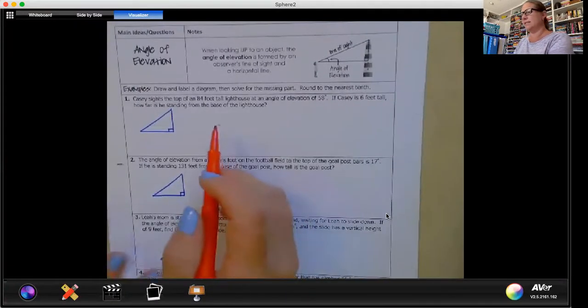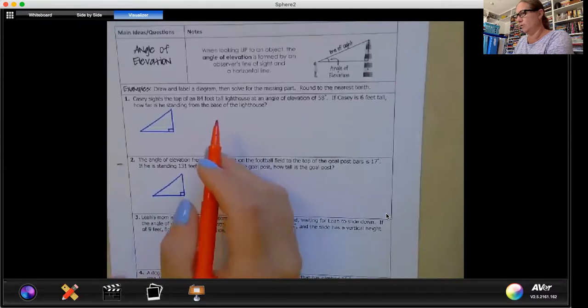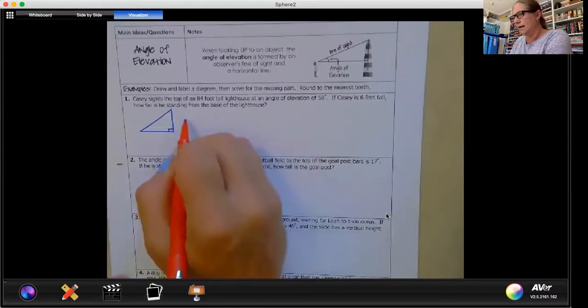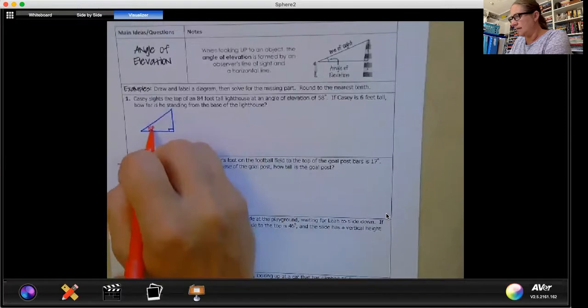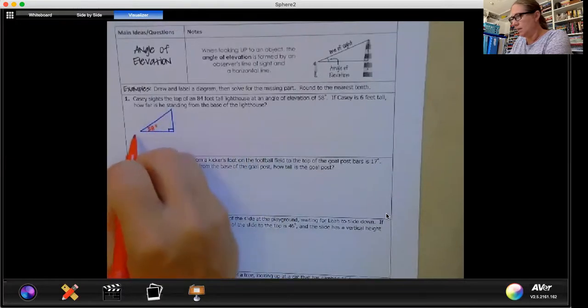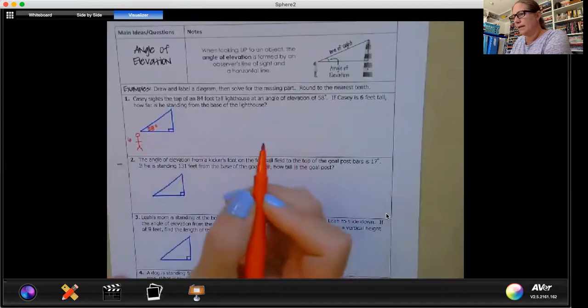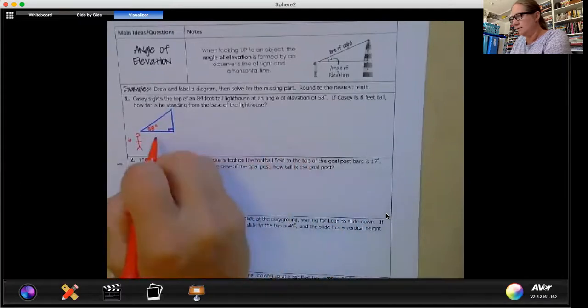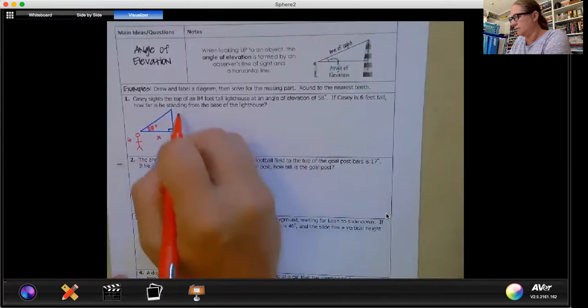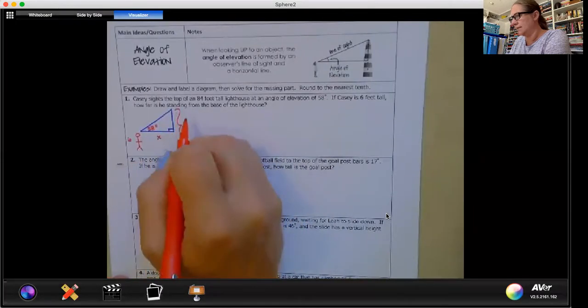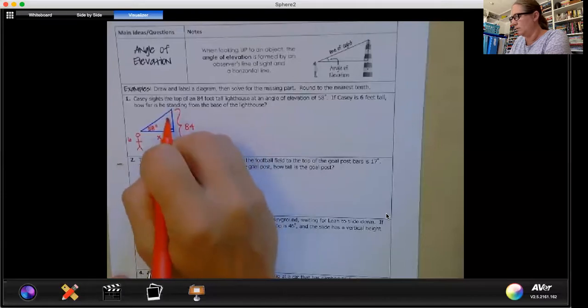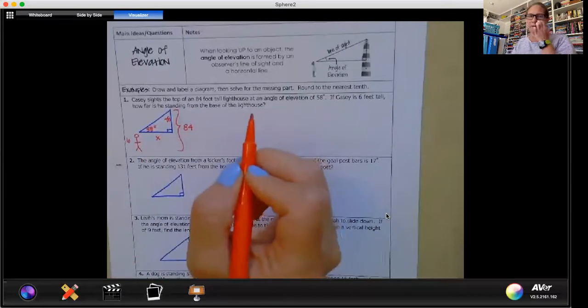So Casey sights the top of an 84-foot tall lighthouse at an angle of elevation of 58 degrees, and he is 6 feet tall. How far is he standing from the base of the lighthouse? So the lighthouse he's looking at is 84 feet, which means this part of our triangle would be 84 minus 6, which is 78.